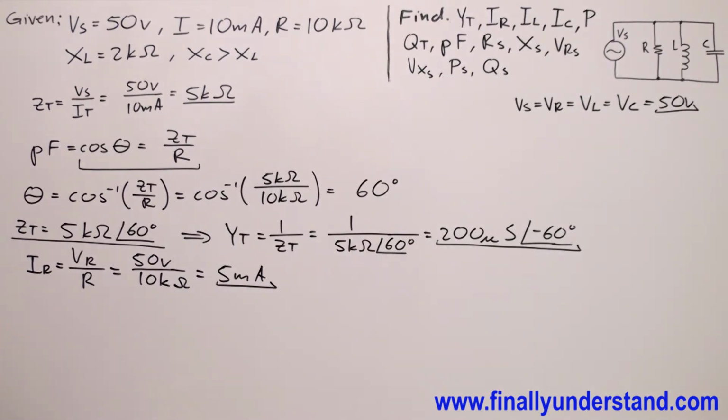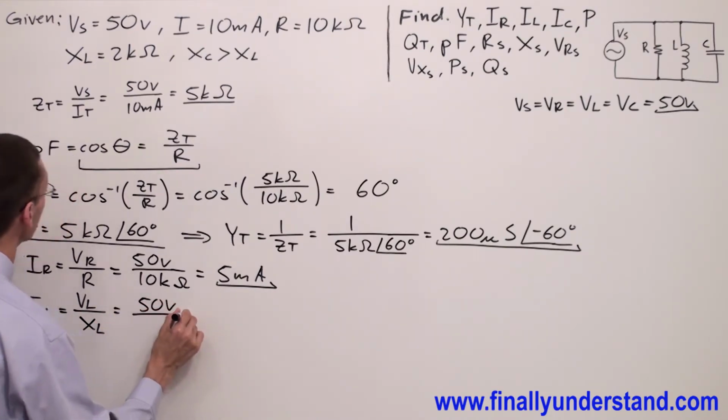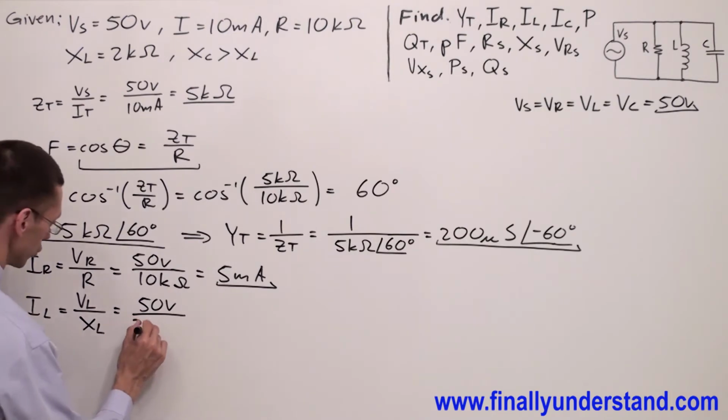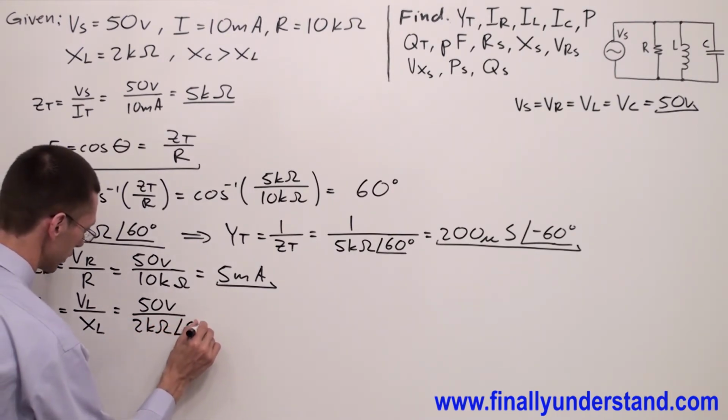Next, I'm going to find the current which goes through the inductor. IL is equal voltage across the inductor over X of L. This is equal 50 volts over X of L, 2 kiloohms, and angle of 90 degrees.